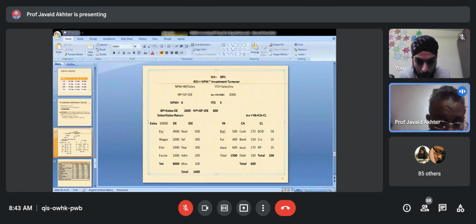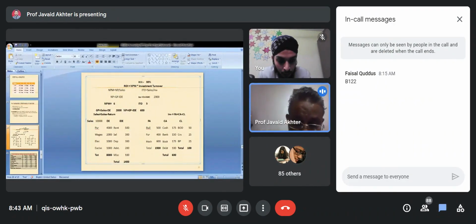ROI is considered the comprehensive measure of profitability. There are no long-term liabilities present in the calculations, yet we call it comprehensive.